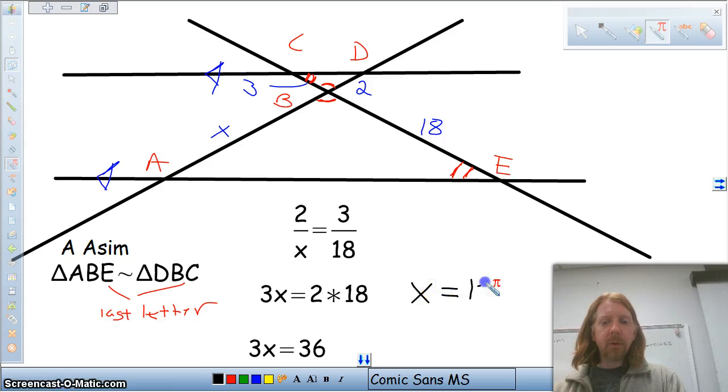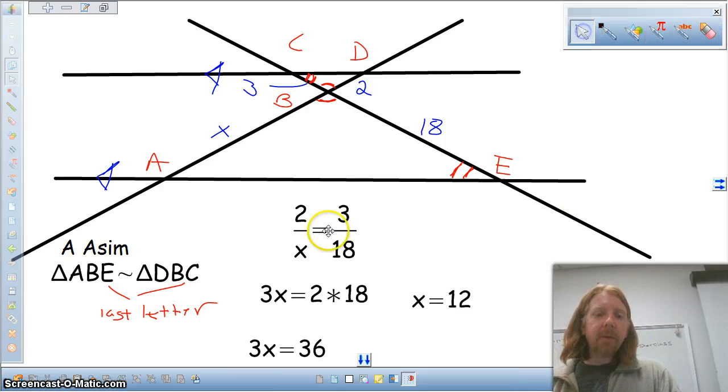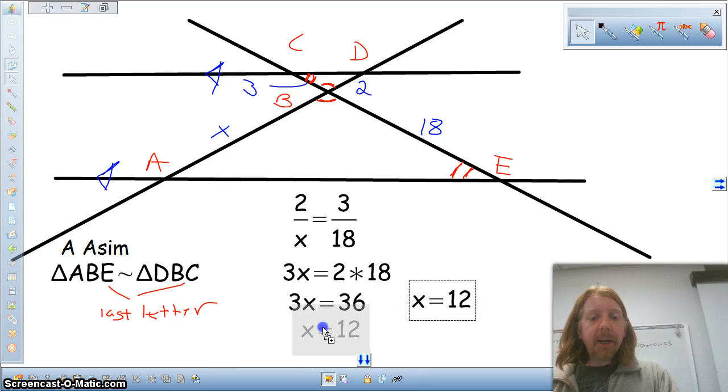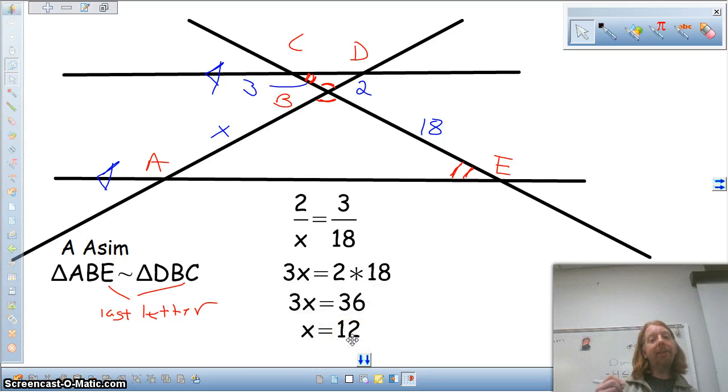Thus, x is equal to 12. And I can ask myself, does this answer make sense? On the one hand, I could say, well, 3 times 6 would give me 18. It looks like I have a scale factor of about 1 to 6. Use that philosophy then with the 2. Scale it up. 2 times 6 puts you at 12.